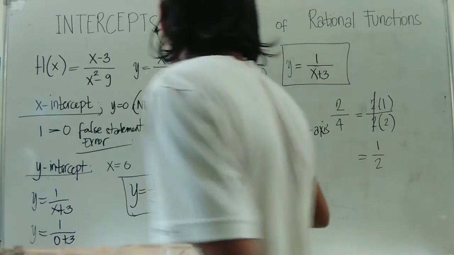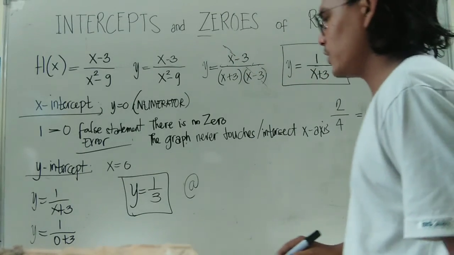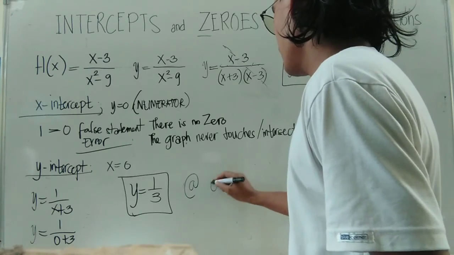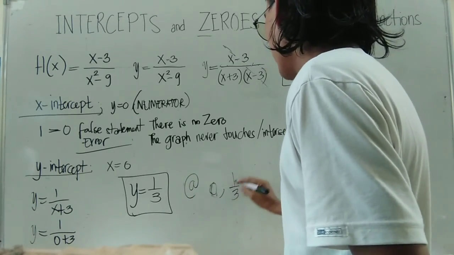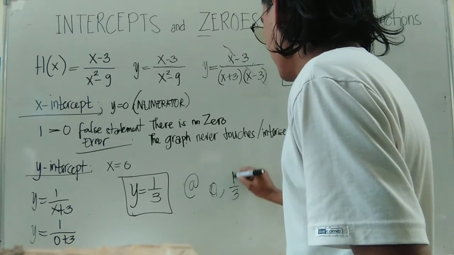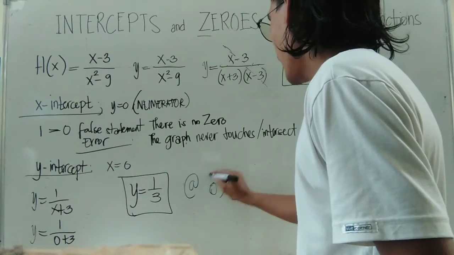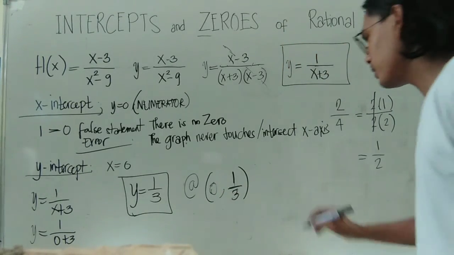So we can say that the graph will intersect your y-axis at the point 0 and 1/3. Again, your graph will cross your y-axis at the point 0 and 1/3.